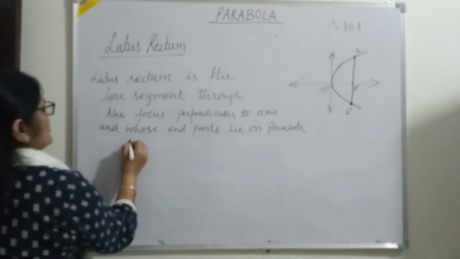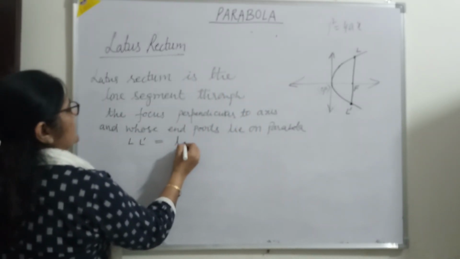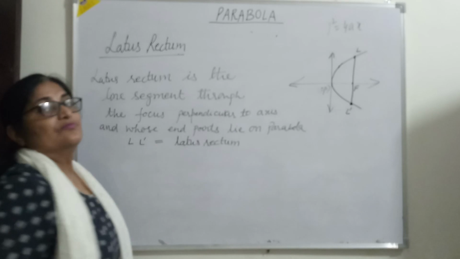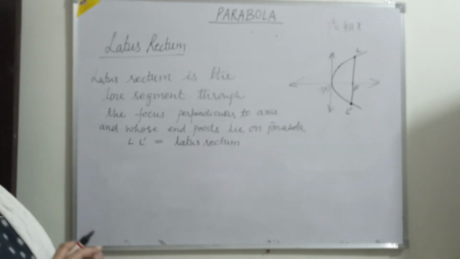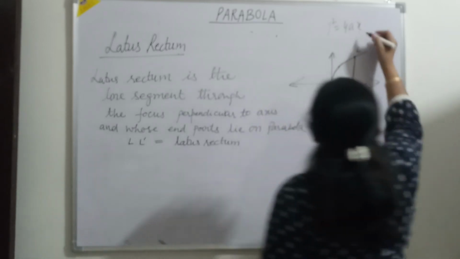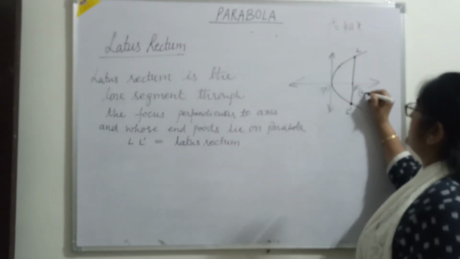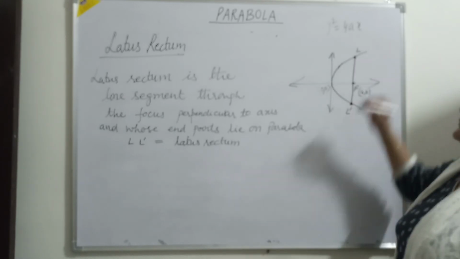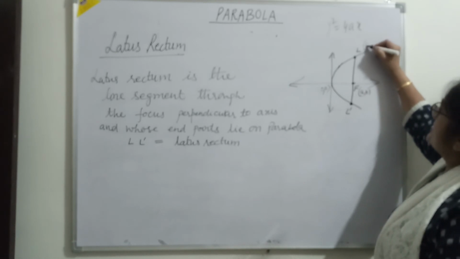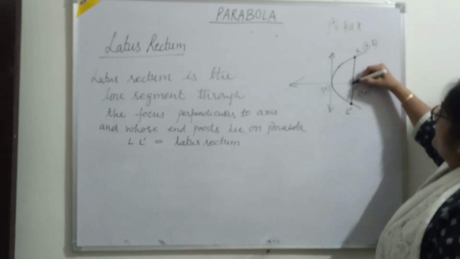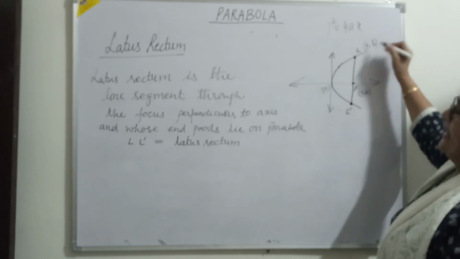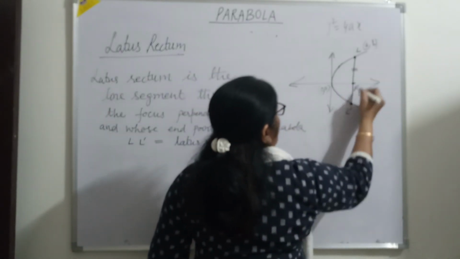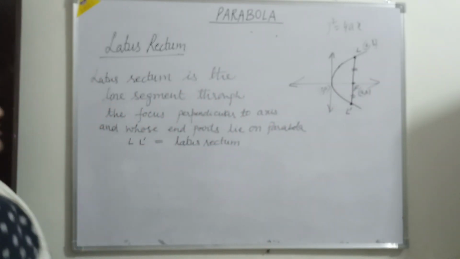So LL′ is the latus rectum. Now, what is the length of this latus rectum? The focus is (a, 0). L lies on the parabola. Let the coordinates of L be (a, l). Since the curve is symmetrical, LF = L′F.